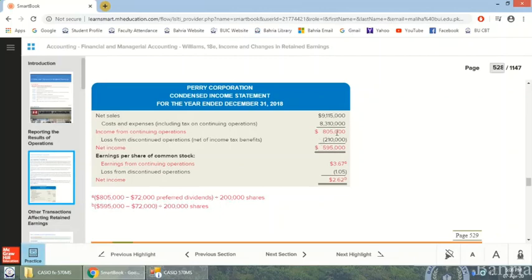What you're doing is separately computing the value if you just had the income from continuing operations minus the preferred dividends divided by the shares. Considering this standalone and computing the values separately, these are the values you get. So when you subtract both of them, you actually get the loss from discontinued operations.